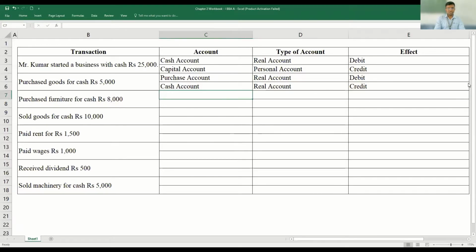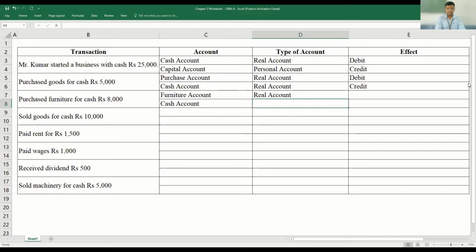The next transaction, purchased furniture for cash. So which are the 2 accounts over here? The 2 accounts are furniture account and cash account. Furniture account is what type of account?